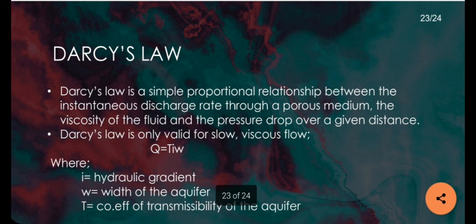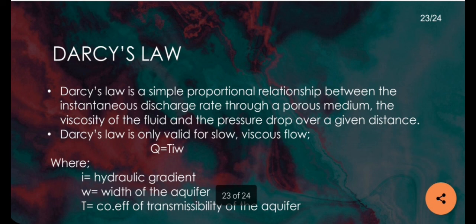The formula is Q equals TIW, where I is the hydraulic gradient, W is the width of the aquifer, and T is the coefficient of transmissibility of the aquifer.